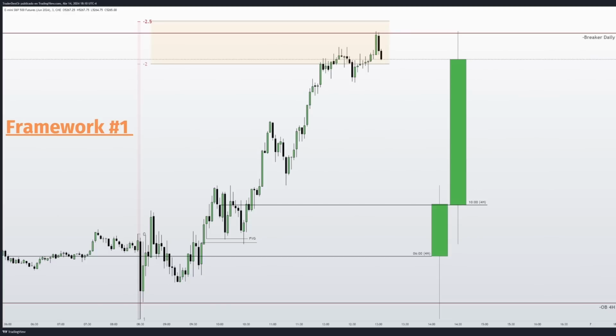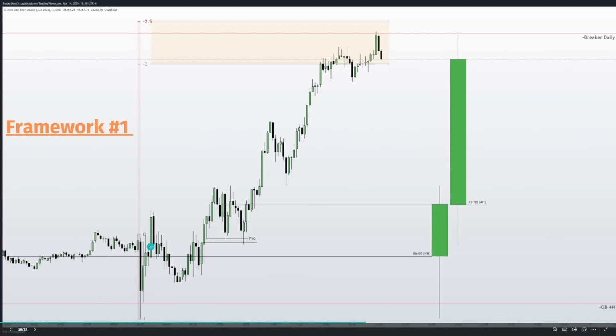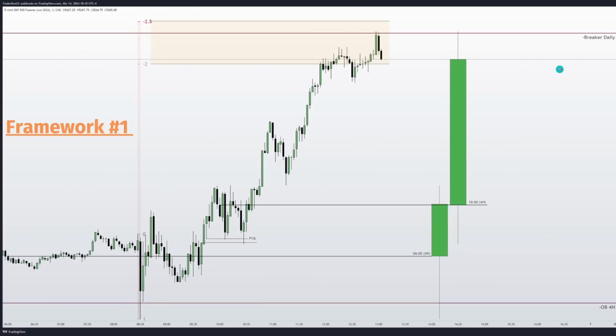In the 6 a.m. candle, price printed this manipulation leg, and you can measure this manipulation leg, this high and this low. Okay, and the two deviations are higher, and the opposite PD array is one daily breaker here.